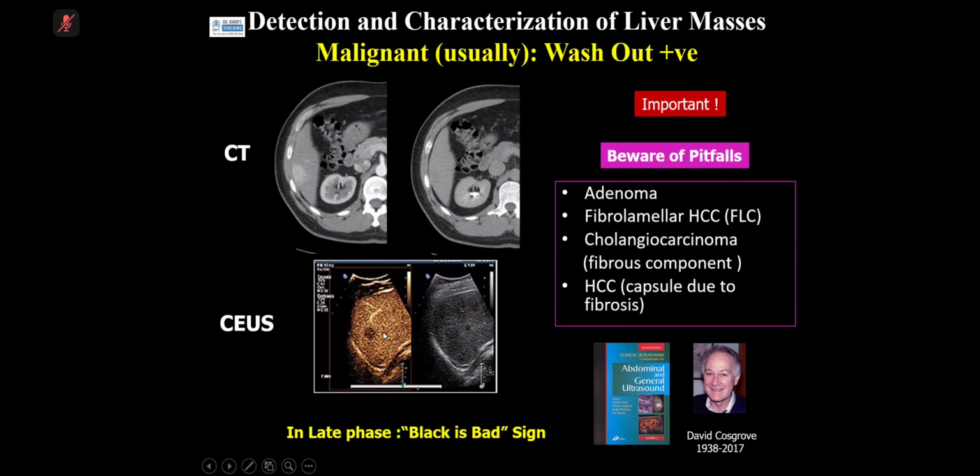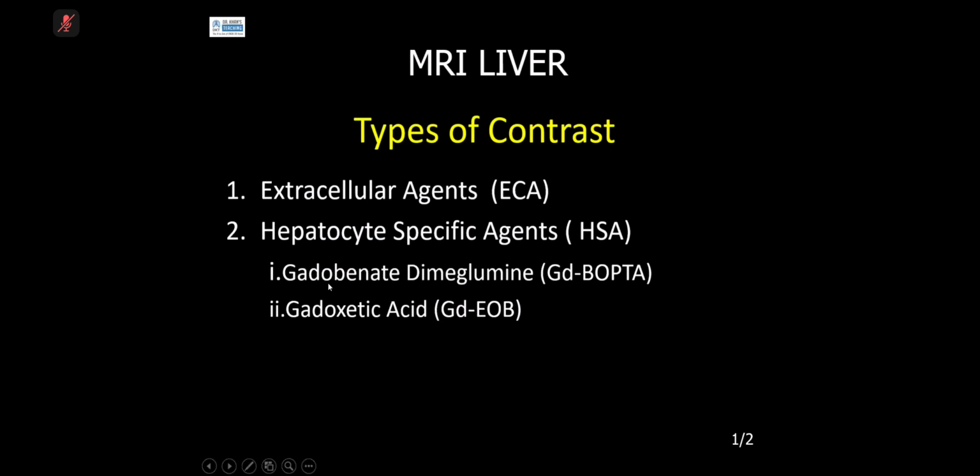In contrast ultrasound, Prof. Cosgrove coined this phrase of black is bad. On contrast ultrasound, the whole of the liver is enhancing, and if you see something which is black, darker, then that is bad. Now, this concept is my main aim for you to remember for your exam.